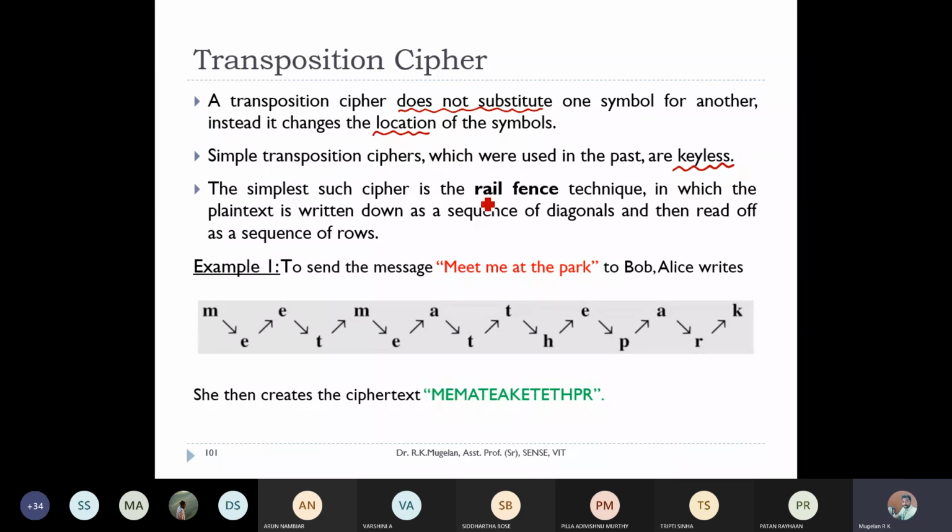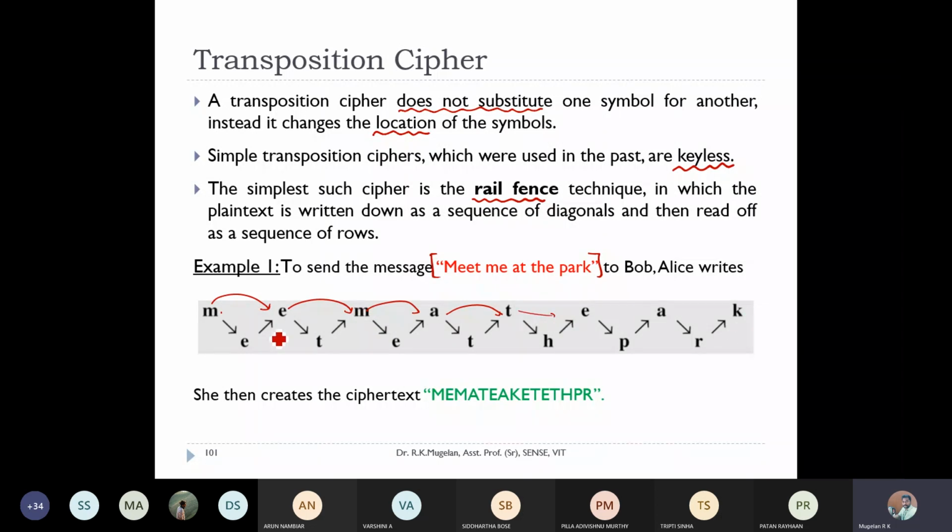One of the simplest ciphers is called the rail fence technique. For example, the plain text is meet me at the park. They write the plain text characters in the form of a rail fence, and at the end they write the ciphertext as M E M A T and so on.